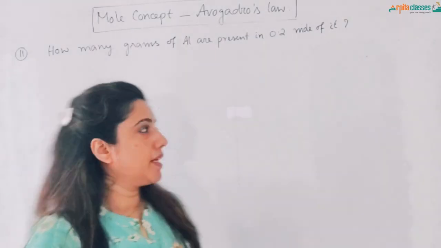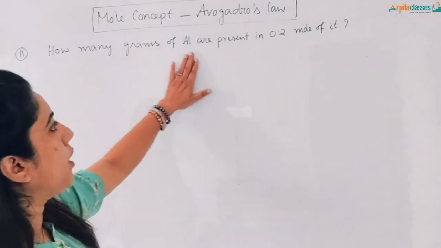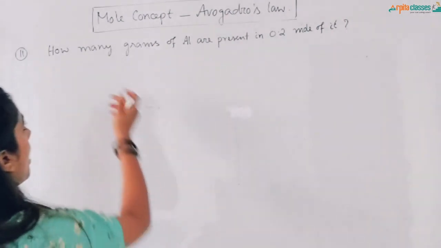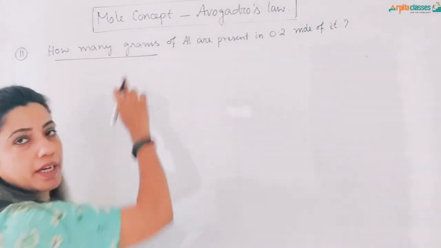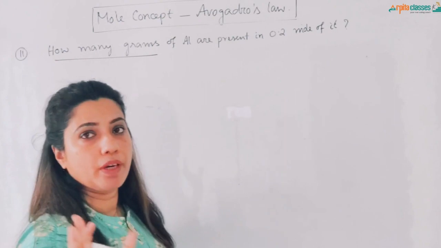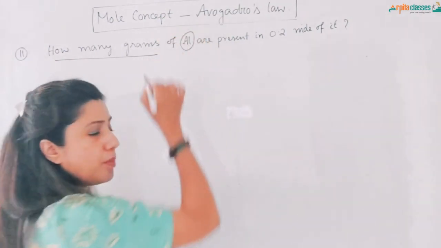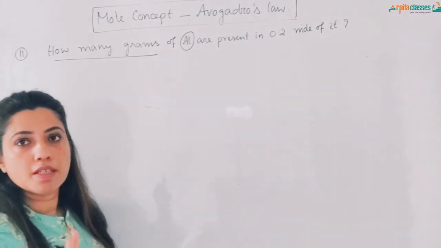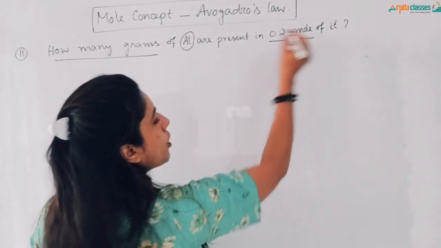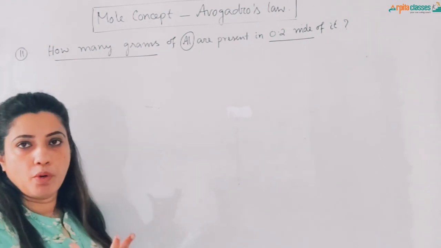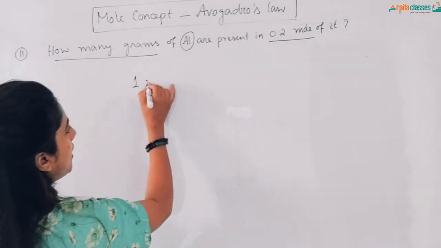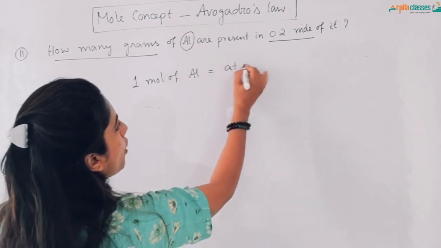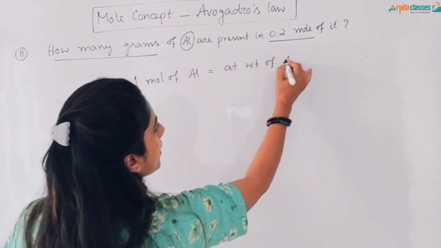In question number 11 it is asked how many grams of aluminium are present in 0.2 mole of it. They are asking for how many grams, so this is related to the atomic weight or molecular weight of the substance. Since it is aluminium, which is an element, it is related to atomic weight, and it's given 0.2 mole, so we will take 1 mole of the substance.